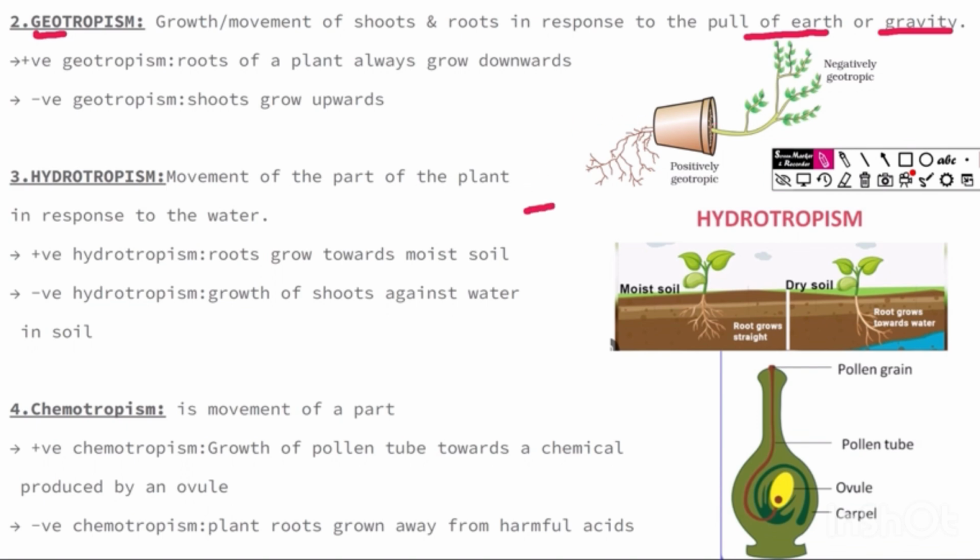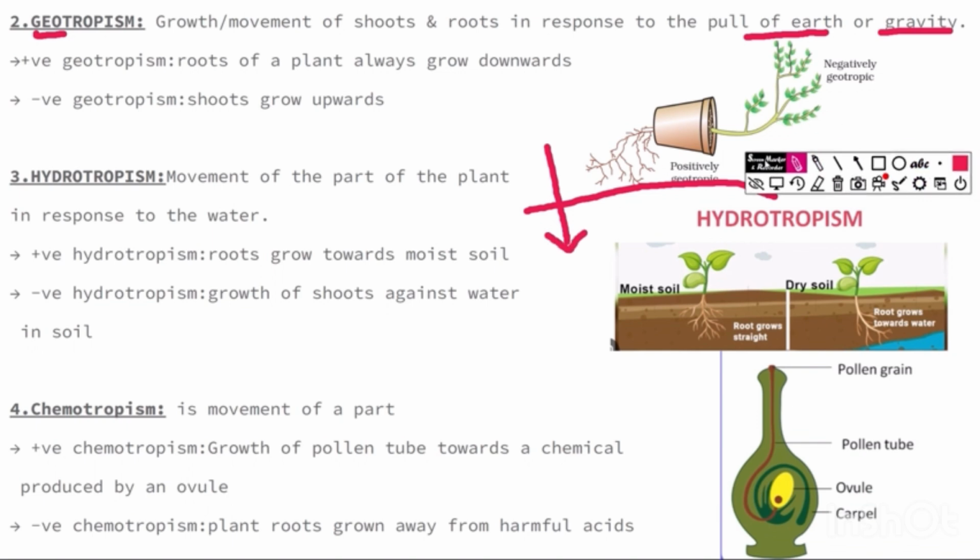So this is the earth basically, if I imagine, and the gravitational pull is always downwards. Now you can see the growth of the shoot is in the opposite direction, that is, it is upwards, opposite to the gravitational pull.